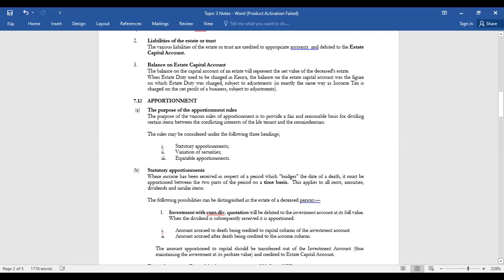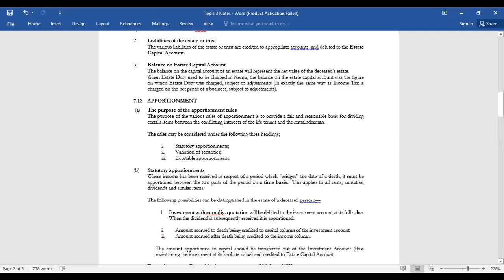So we'll be looking at the amount accrued to death, just before the deceased is declared dead. And this is where we are guided by the dates specifically.